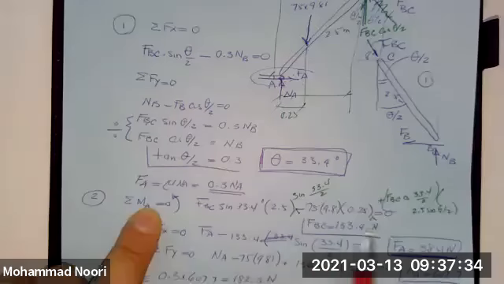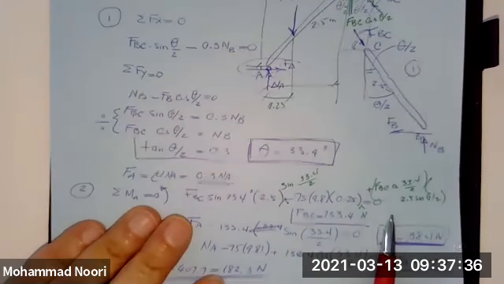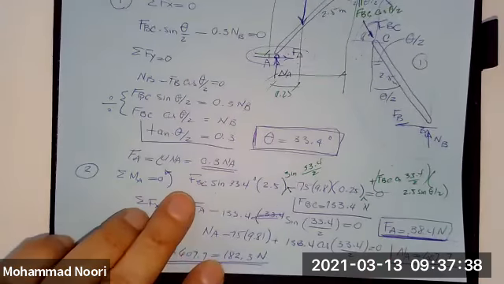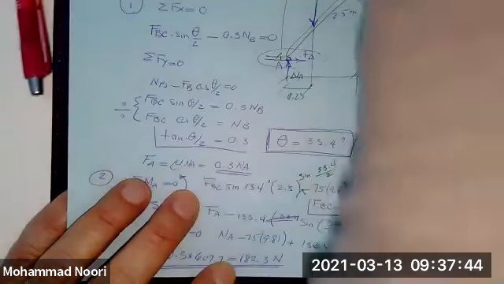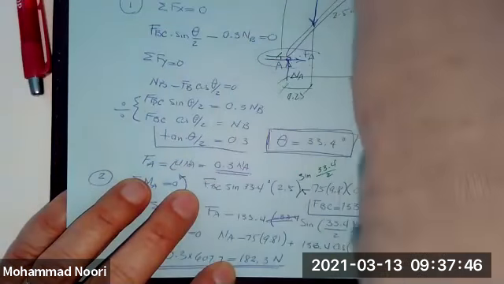I have a question for the moment equation about A. Why did you only use one component of FBC? No, I use both of them. Yeah, I had made a mistake here. Thanks to Mason, he brought it to my attention. Let me show you.